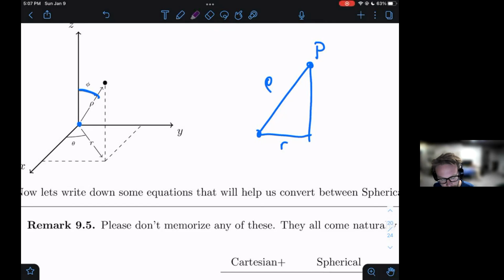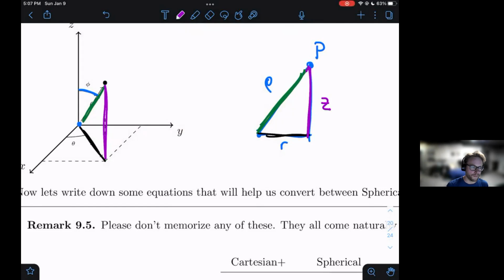Maybe I could color coordinate these things a little bit, and that would help. I'll use black here for r down here. And this straight up and down value is the z value of the point, how much we've gone up and down. Then this imaginary bit right here is the positive z-axis, and this right here would be the phi value, how much we've rotated off of that positive z-axis.